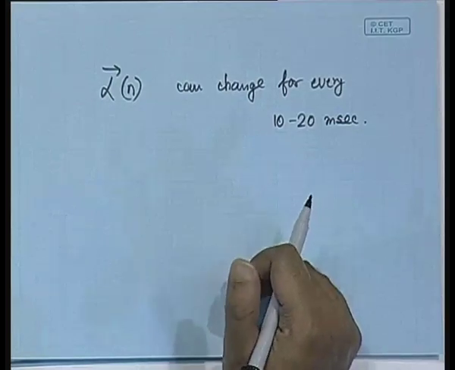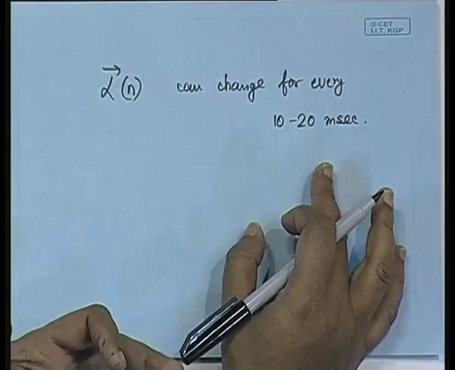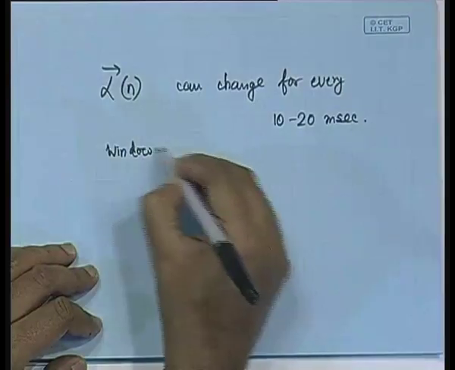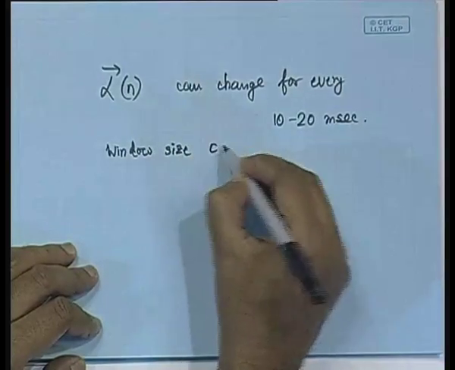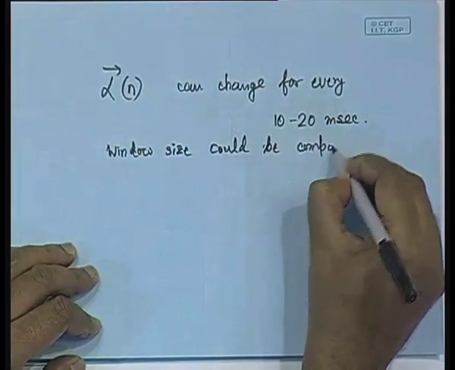So, alpha n's sampling itself is going to be much slower, and one can choose the window size for the autocorrelation computation to be either equal to this duration or somewhat larger than this duration. So, window size could be comparable or larger than this duration.